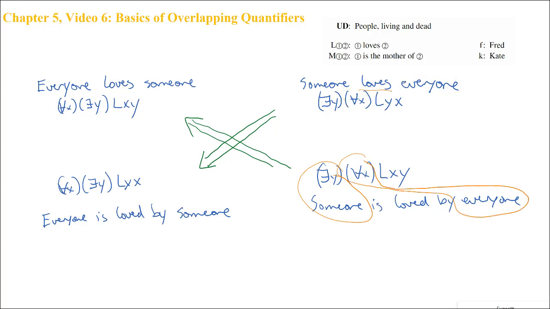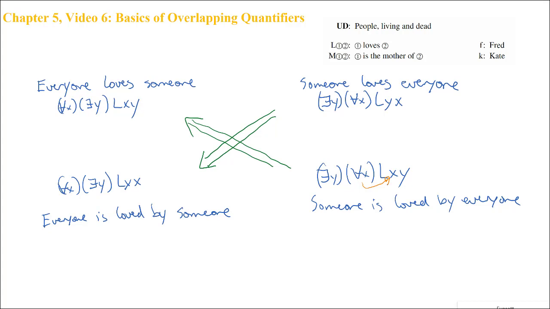And when we have active voice, the order of the variables in the predicate is the same as in the quantifiers, first into first, second into second. But then when we have the passive voice, we have first quantified variable into second position, second quantified variable into first position.